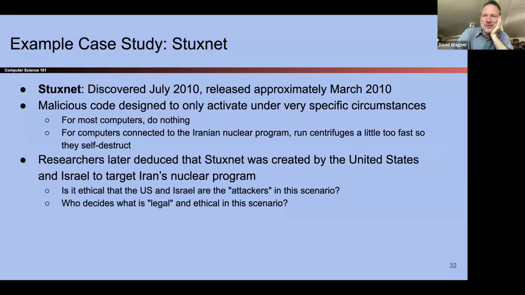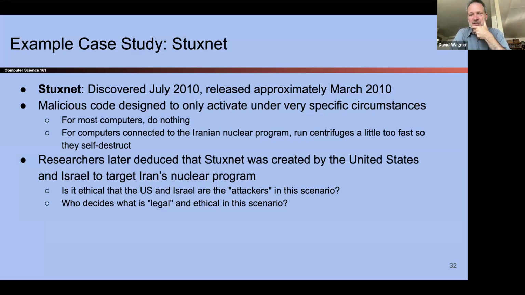So for example, an example case study is Stuxnet. It was a really interesting development in the world of computer security around 2010. It was discovered that the US and Israel were concerned about Iran's nuclear program. Well, I'm sure you've seen the news in the past year of bombing nuclear facilities, but what was done in 2010 was they created some malware.